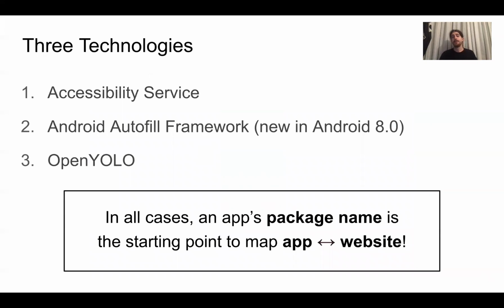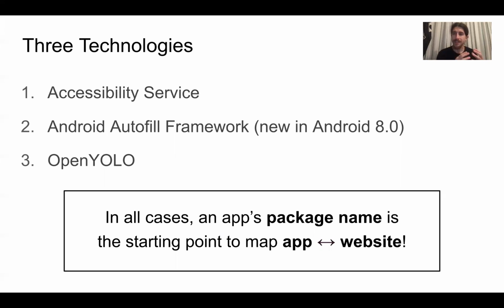The interesting part is the following: in all three cases, accessibility service, autofill framework, and OpenYOLO, the main starting point to understand which app I am talking to and which kind of website credential I should give to this application is the package name.